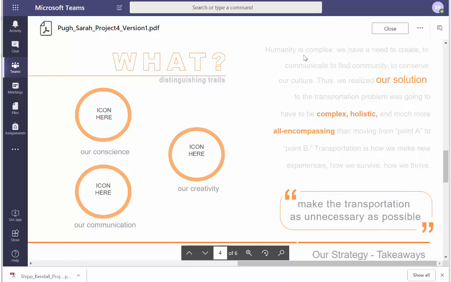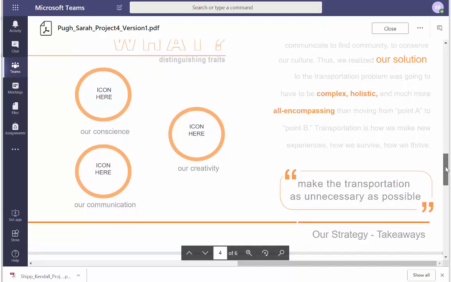And really, I don't want to read through all that. I think it's more interesting to get them with a short phrase, which is, from all of our research, we decided the best form of transportation is no transportation at all. Something to that effect.